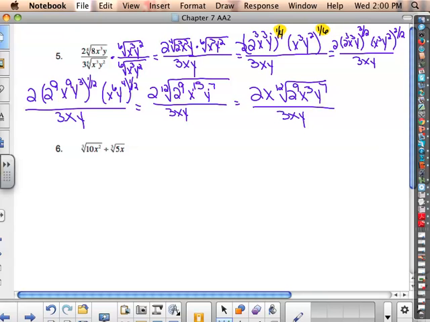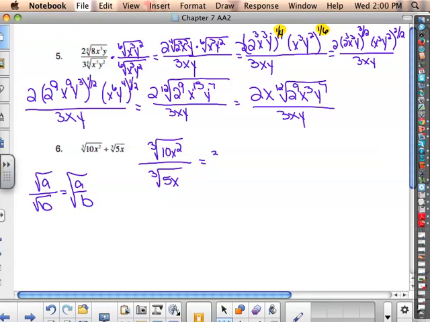Next, number 6, I have the third root of 10x squared divided by the third root of 5x. This one's a little easier if you remember the rule that the square root of a over the square root of b is equal to the square root of a over b. Because once they're under that same radical, then you can simplify that.